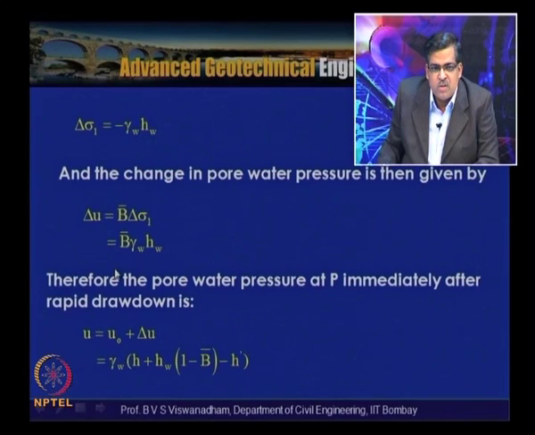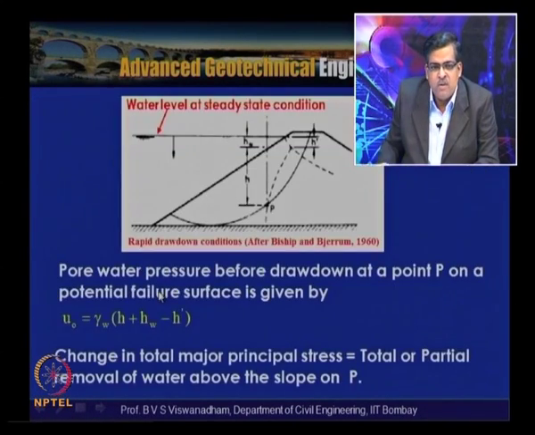When you substitute here and write U is equal to U naught plus delta U, then for delta U we substitute minus B dash gamma W HW, and U naught is gamma W into H plus HW minus H dash.